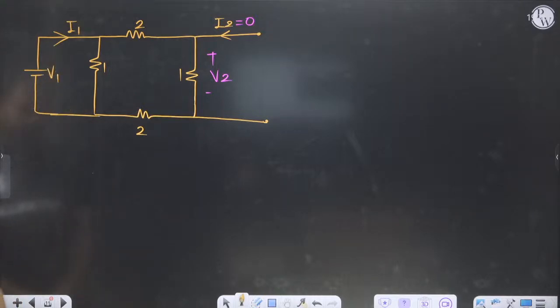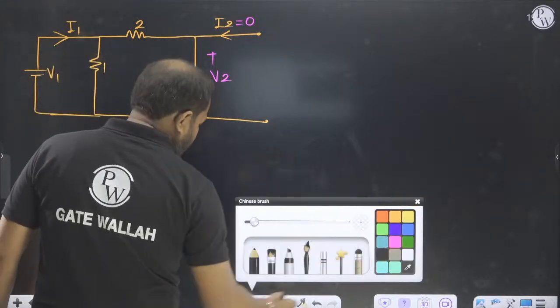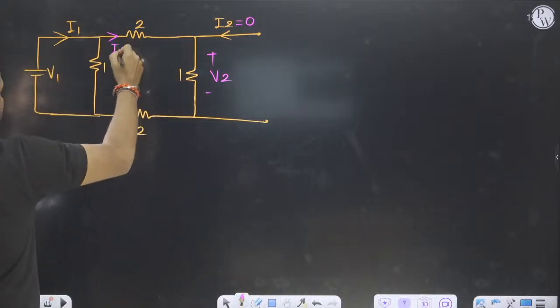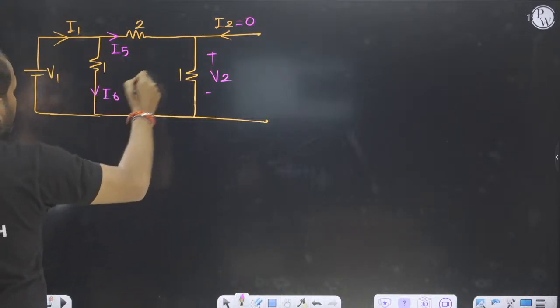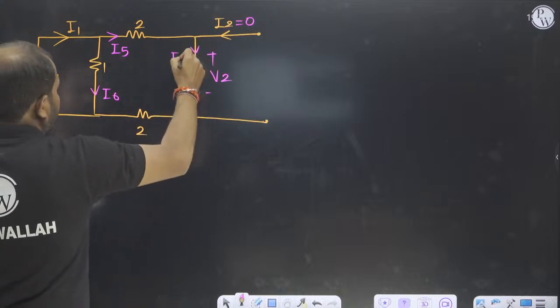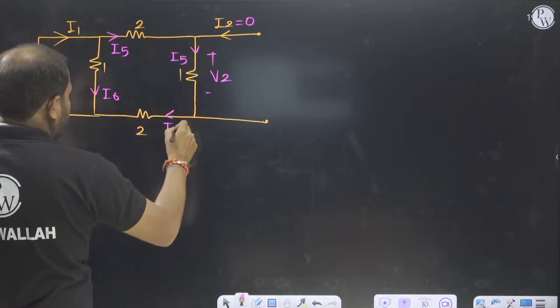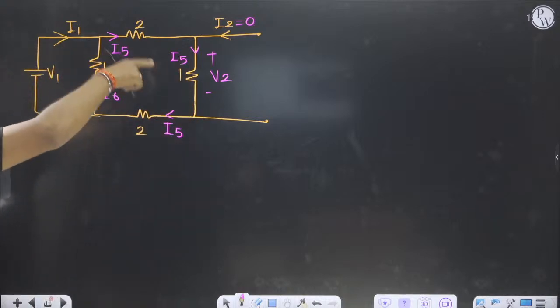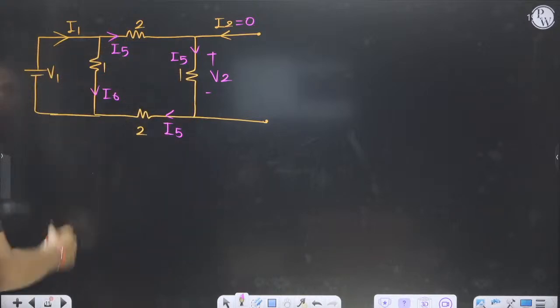Then I will divide this current: I will take I5 and I6. This is current I5 and this is current I6. So they are in series: 2 plus 1 plus 2, 5.